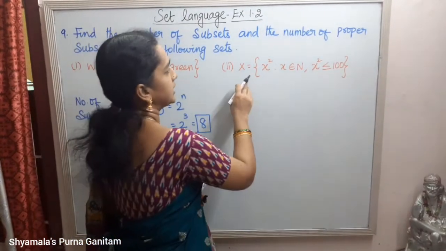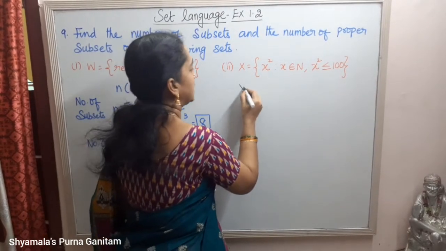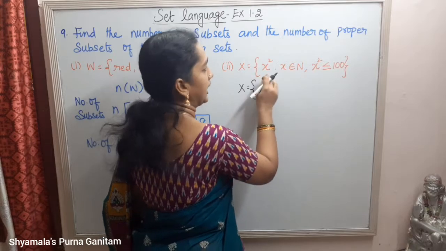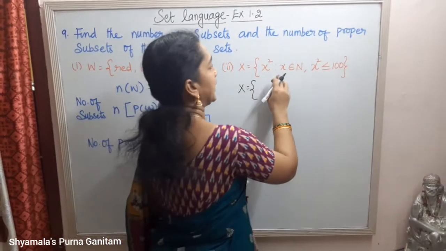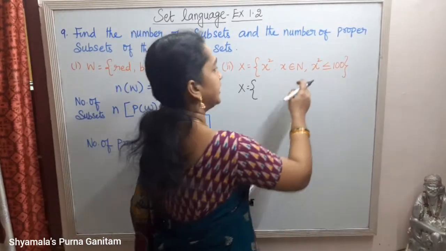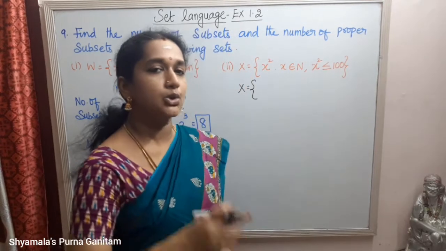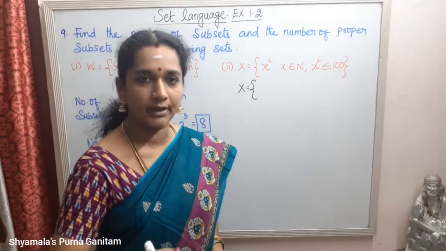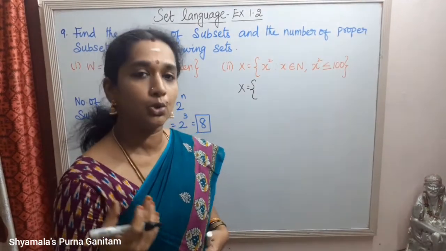So all the x terms are natural numbers, such that x squared is less than or equal to 100.